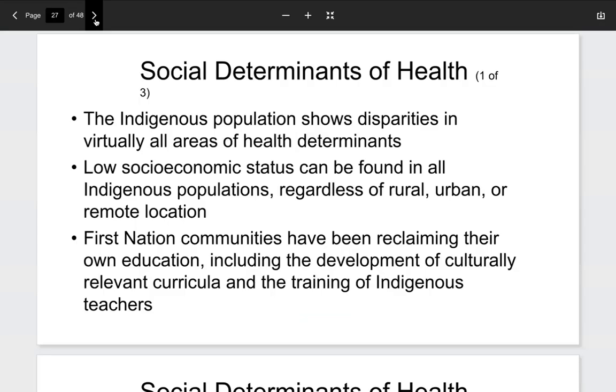And First Nation communities have been reclaiming their own education, as well as developing their own culturally relevant curricula and training of Indigenous teachers. So as I previously mentioned, there has been a lot of reclaiming of their traditional practices or cultural beliefs, and really trying to reconcile with all the terrible things that have happened.